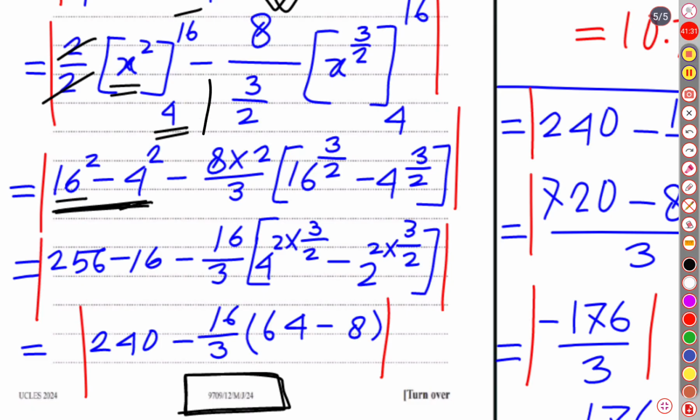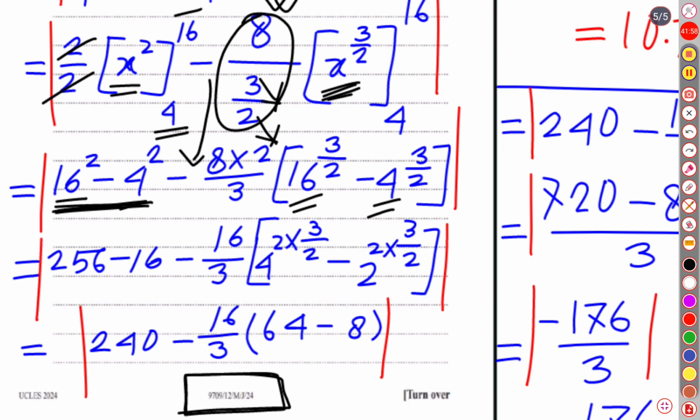Then this symbol is negative. After this, if we simplify this composite fraction, this 2 will go up, the lower denominator. So 8 into 2 over 3, this will go down. This is actually the reciprocal in case of a fraction. The upper limit of x is 16 raised to 3 over 2, and the lower limit of x is 4, so we have written 4 raised to 3 over 2.